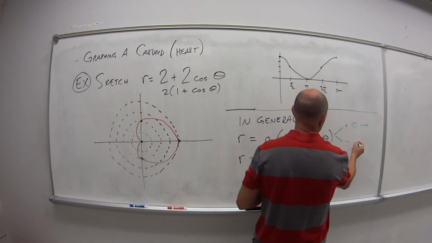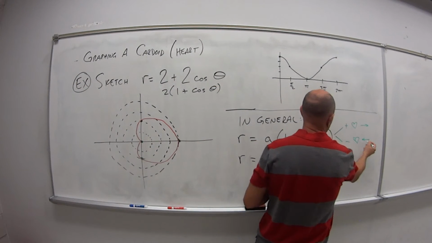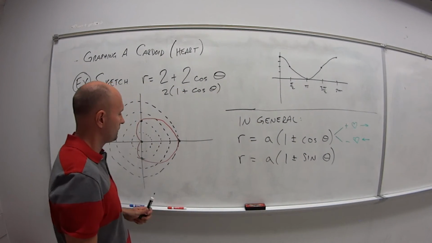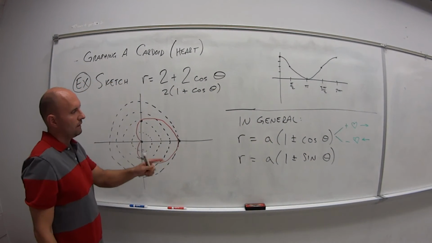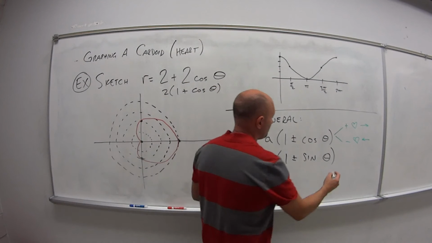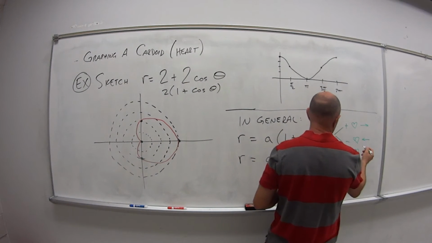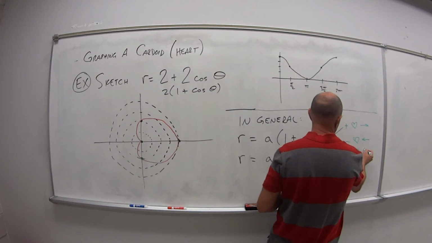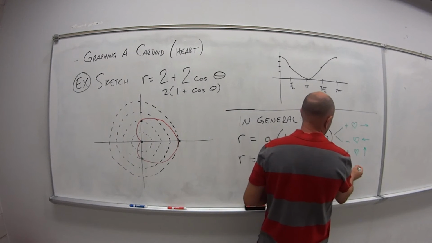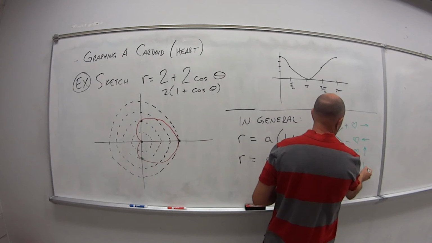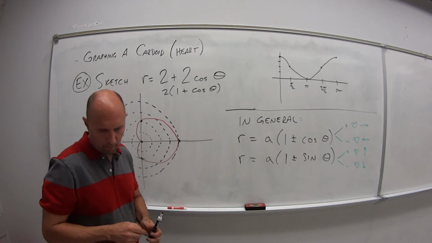If it's minus, it's a heart pointing off to the left. And then for sine, if it's positive, it's a heart pointing upward. And if it's negative, it's a heart pointing downward.